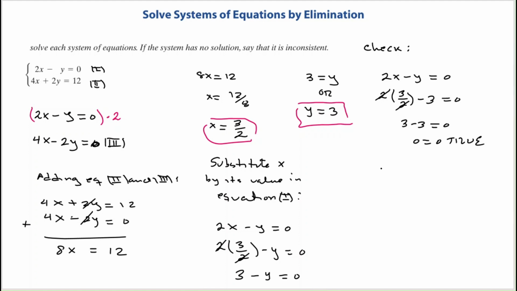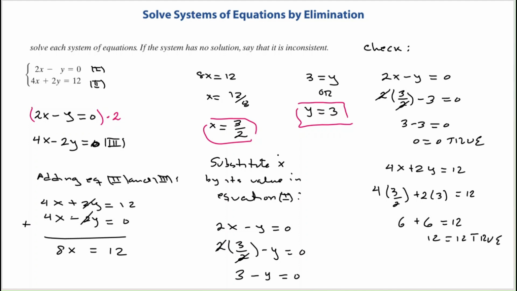For the second equation, I have 4x plus 2y equals 12. So it's 4 times 3 over 2 plus 2 times 3 equals 12. 4 times 3, 12 over 2 is going to be 6, plus 2 times 3 is going to be 6, equals 12. So 12 equals 12, which is true.